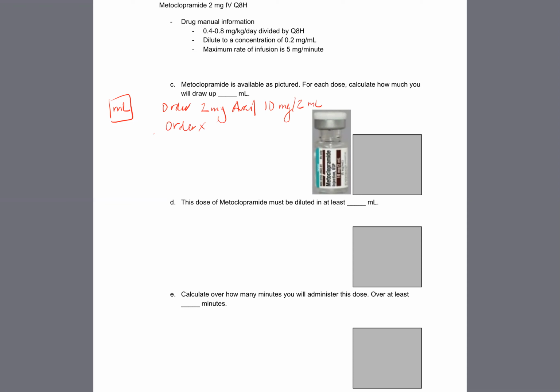Order times availability. 2 milligrams. You want 10 milligrams in the denominator so that the milligram units cancel. And you're left with 0.4 mLs. So you would draw up 0.4 mLs from this vial using a syringe and a needle.